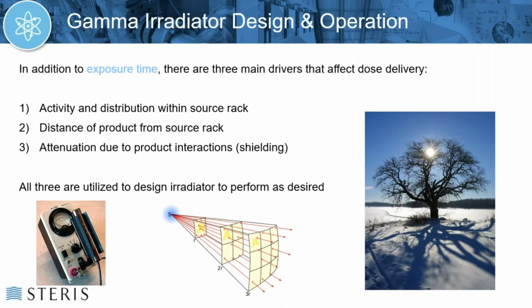So other product in the irradiator can cast a gamma shadow, if you want to call it that, over product behind it in relation to the source rack during processing. And you can kind of visualize too, right? A leafier tree or a more dense tree would block more light or more radiation. So we really have to factor in product density variation as we process.